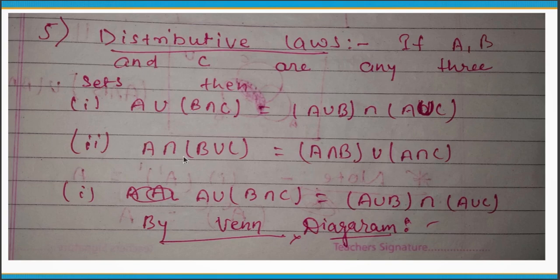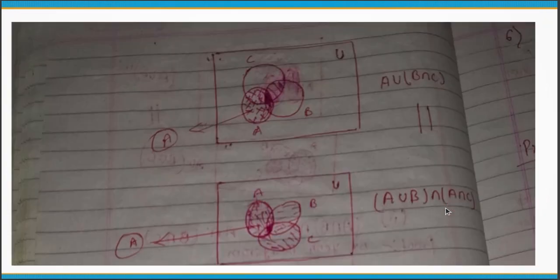In lower standard, this is A into (B plus C) equals A into B plus A into C. Now you can prove this by Venn diagram. A union (B intersection C) equals (A union B) intersection (A union C). First, B intersection C.